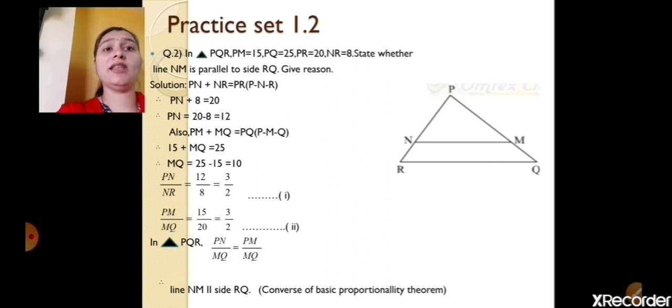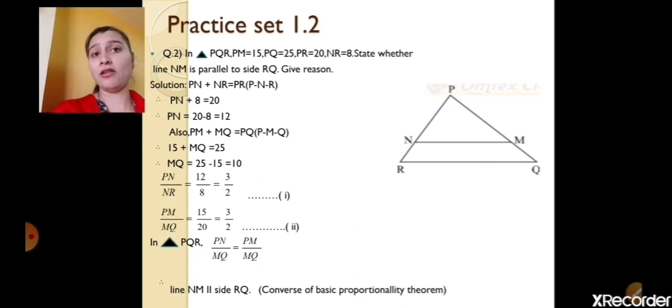State whether the line NM is parallel to side RQ. They have given the ratios, and you have to find whether they are parallel or not. It means it belongs to the theorem converse of BPT, right?